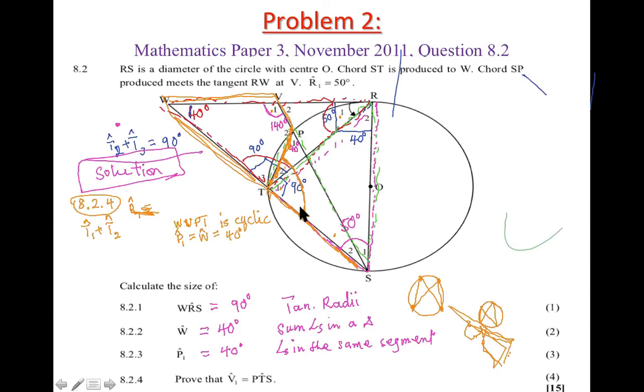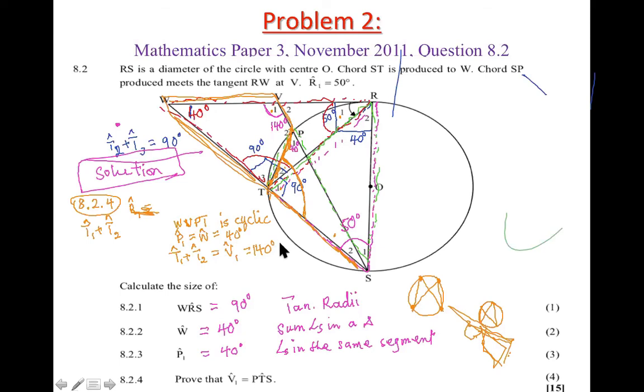The exterior angle. That is one theorem. That is one of the examples, but there are many ways of doing it. So you can say angle T1 plus angle T2 is equal to angle V1, which is equal to 140 degrees, which is the exterior angle.